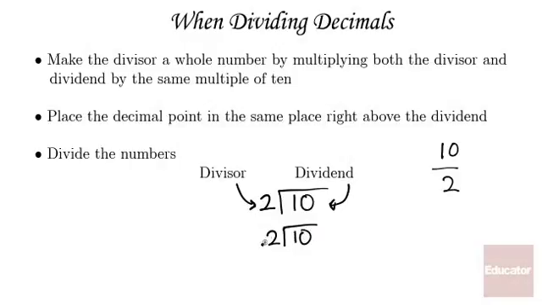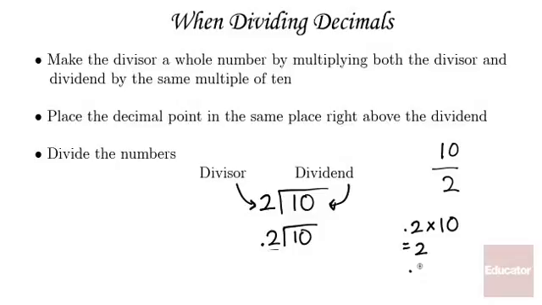Now, 0.2 is not a whole number, right? We have a number behind the decimal point. I count how many numbers are behind the decimal point, and there's only one. That means I need to multiply this number by 10, so that 0.2 times 10 becomes 2.